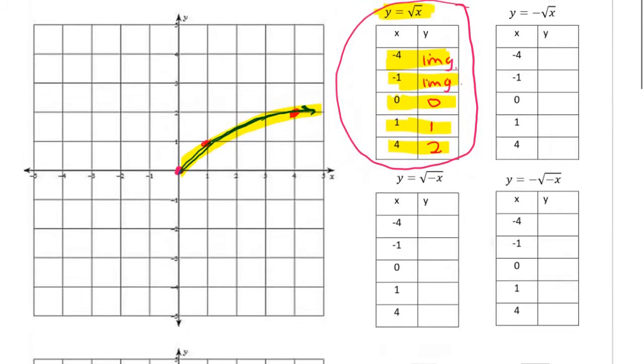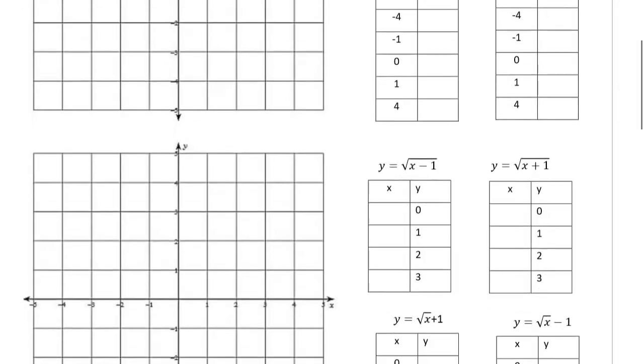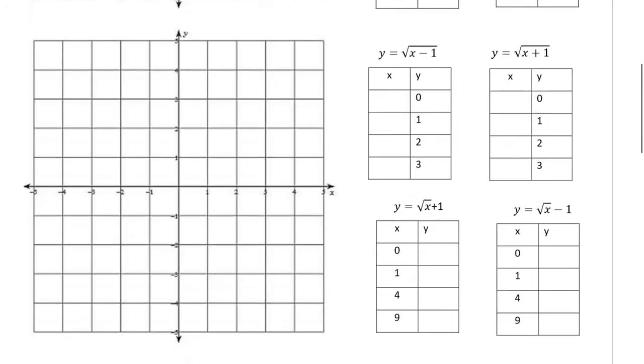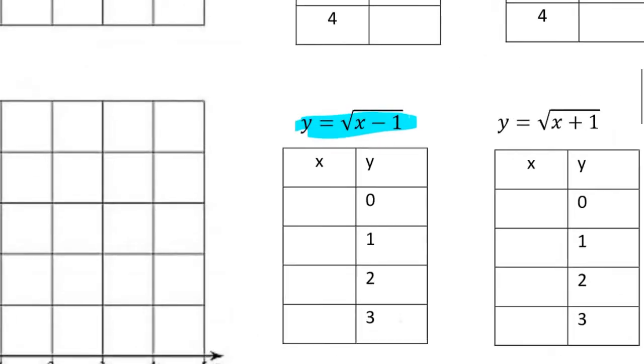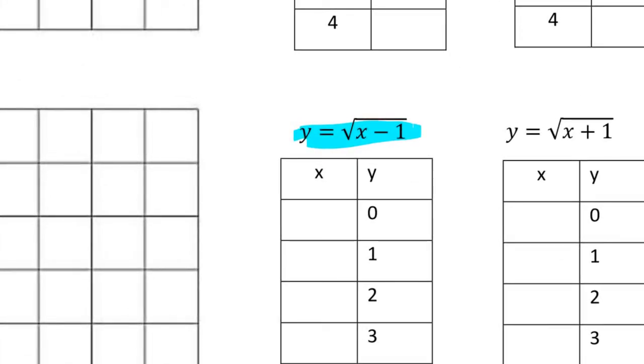All right, if you compare what I have here, this one I'm highlighting in blue, if you compare that to, let me zoom a little bit for you to see better, if I compare that to the parent function, y equals square root of x, you will notice that the x has been modified.